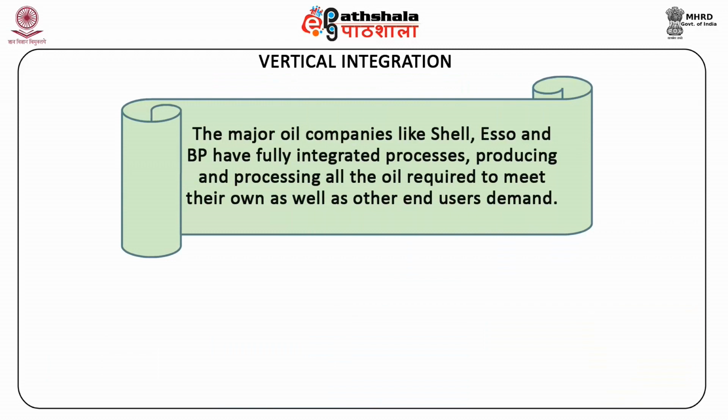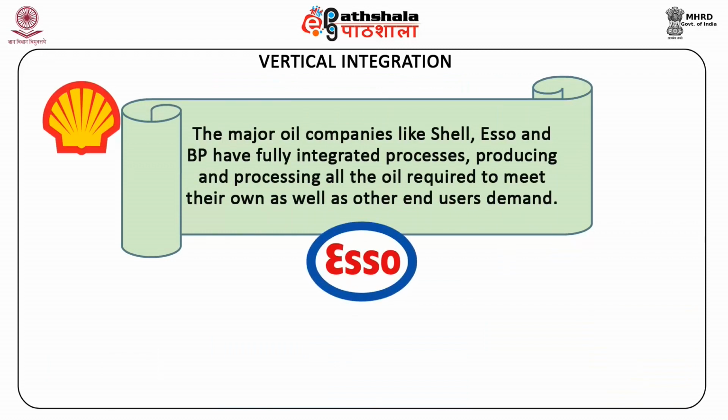The major oil companies like Shell, Esso, and BP have fully integrated processes, producing and processing all the oil required to meet their own as well as other end users' demand. Some of the oil companies may not be fully integrated, as they may not use all the crude oil they produce and sell to the refineries, or they may not produce enough crude oil to meet their own requirement.